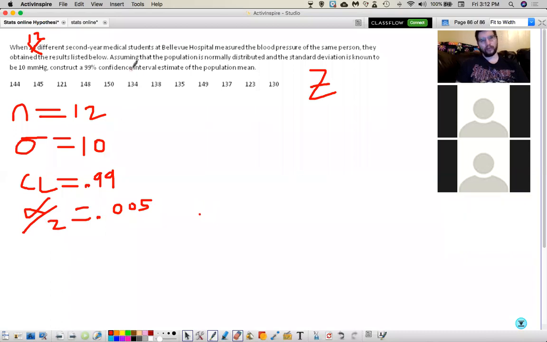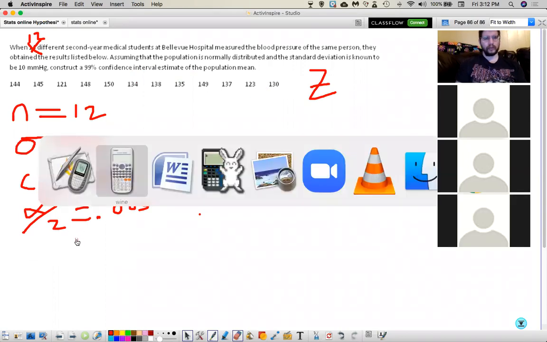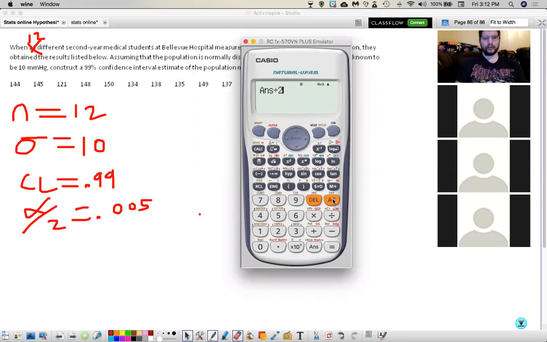But we don't have X bar, and we don't need S. So we need to calculate X bar though. You can type all these in your list and then find the mean that way, or you can just add them up and divide by 12 since there's 12 and not 14 of them. Your choice. I'll go ahead and just type it in the list.